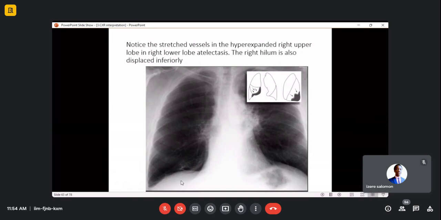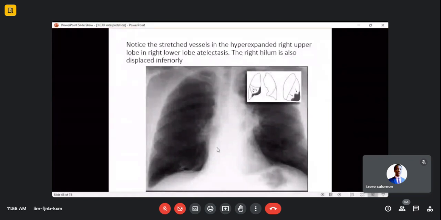I can't find where the right heart border is. Is there any? Remember, look, this is the heart, and it was not supposed to come like this. It was supposed to go like this. But here there is something.